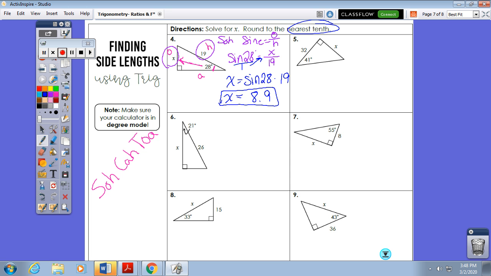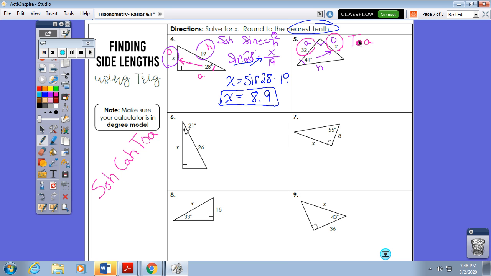Okay. So let's look at the next one. So on the next problem here, this is opposite because they're angles. Here's adjacent, hypotenuse. So again, I'm looking to see what I'm looking for, which is opposite, and what I have, which is adjacent. So that gives me the TOA part.